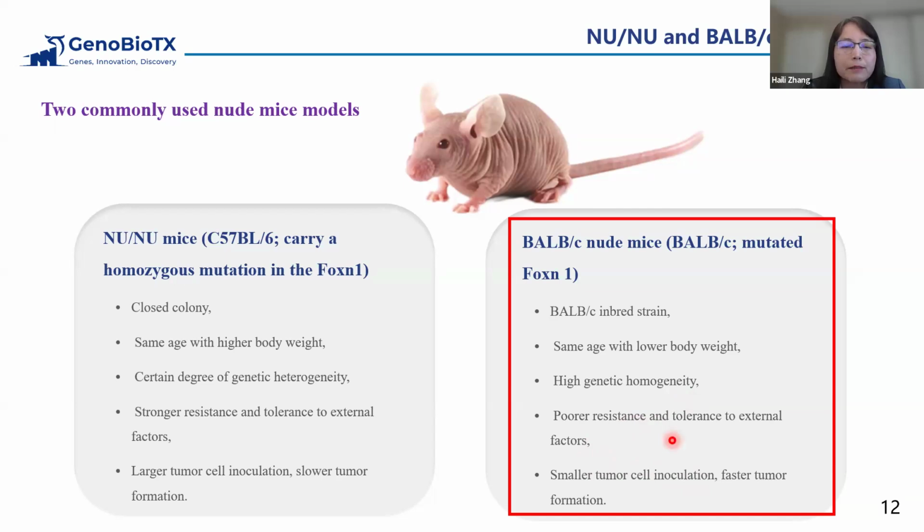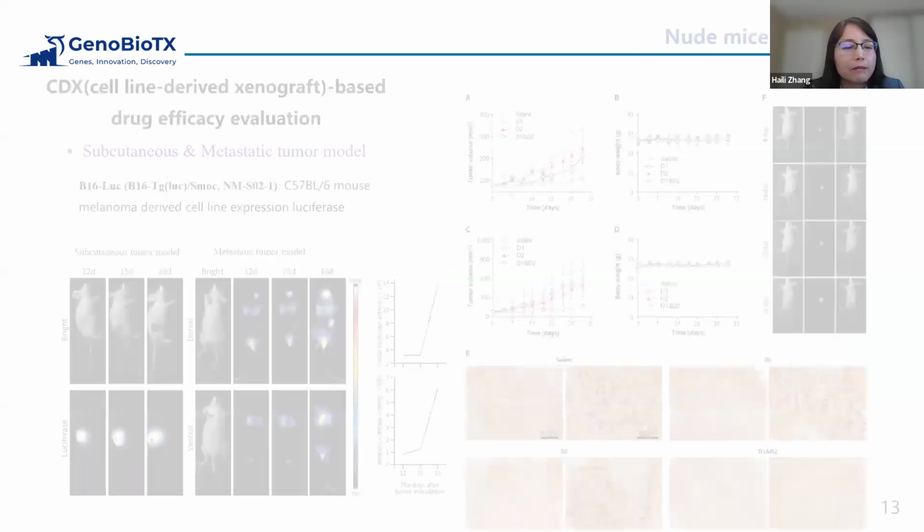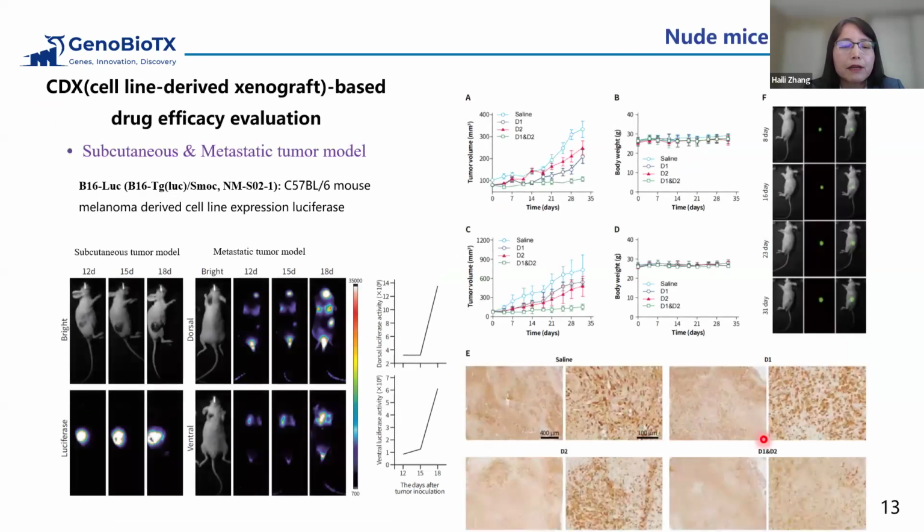Additionally, BALB/c mice tend to show faster tumor formation, with tumors developing approximately 1 to 2 weeks earlier than nude mice. So this makes BALB/c nude mice a more efficient choice for studies requiring quicker tumor progression.